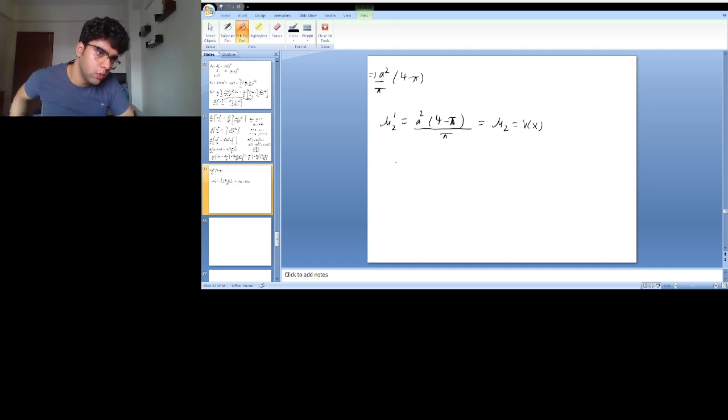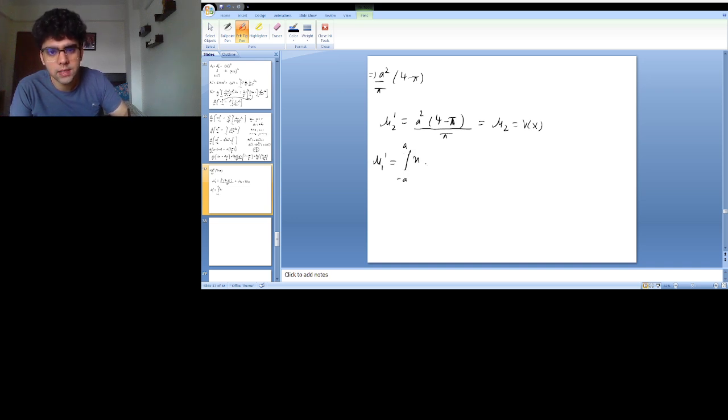So now what I can do is I just need to find the first moment with respect to the mean, and this should be coming out to be equal to 0, only then I've solved this correctly. So solving this from minus a to a, x times f(x) dx, this gives me the integral from minus a to a of x into f(x), which is a square plus x square, into 2a upon pi.